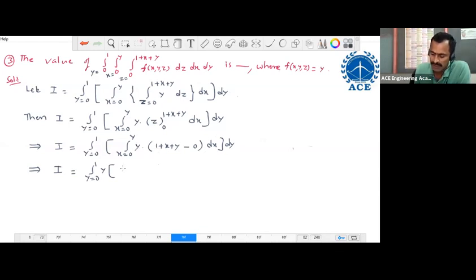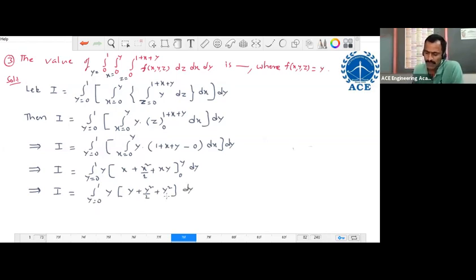Integral of 1 is x, plus integral of x is x square by 2, plus integral of y is constant, x y, from 0 to y, dy. Y equal to 0 to 1, y into proper limit y plus y square by 2 plus y square, lower limit is 0, dy. Next integrate with respect to y.